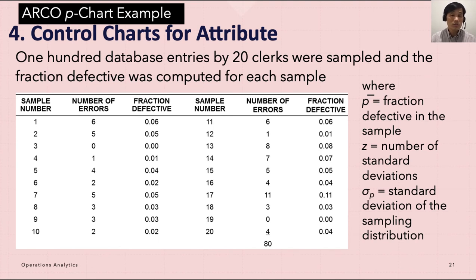So they are producing 100, and out of 100, they found 6 defects for sample number 1, for sample 2, 5, sample 3, 0, and so forth. So 6 over 100 gives you 0.06 as a fraction defective. So 6% of the sample is defective. That's what it says. And 5 of them, so 0.05, and so forth. And it goes on, and the total number of defects was 80.